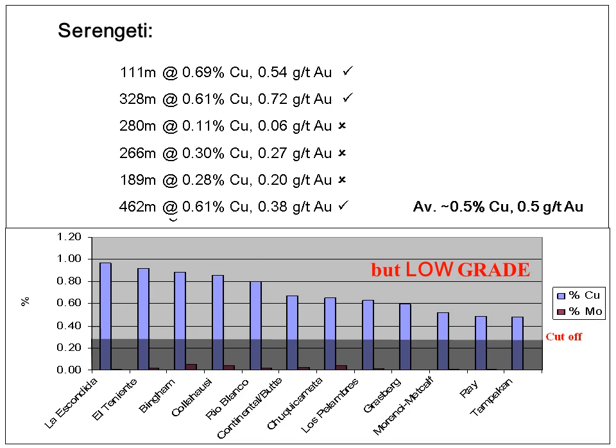Here are some random drill results from Serengeti's Konika property in British Columbia, which is more typical of the recent porphyry discoveries. Intercepts with checks against them are potentially economic. The others are probably not. So you can see that maybe only 50% of those intercepts might possibly make any money.